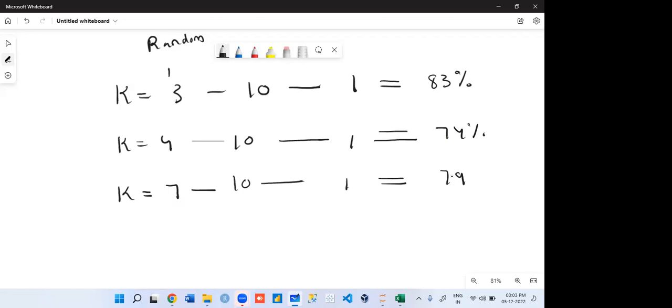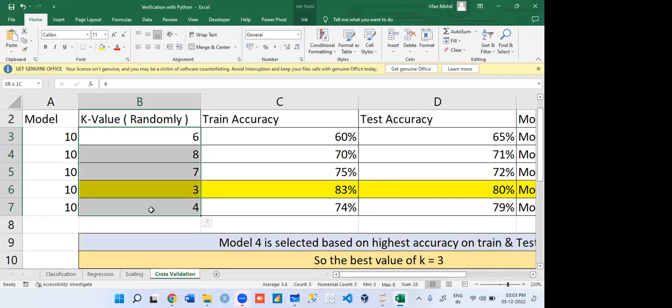Okay. Now this row, the last one. Okay. How many K values I have taken? 5. Okay. Each model repeat 10 times. So total how many I will make? 50. Clear हो गया? कैसे आया guys?